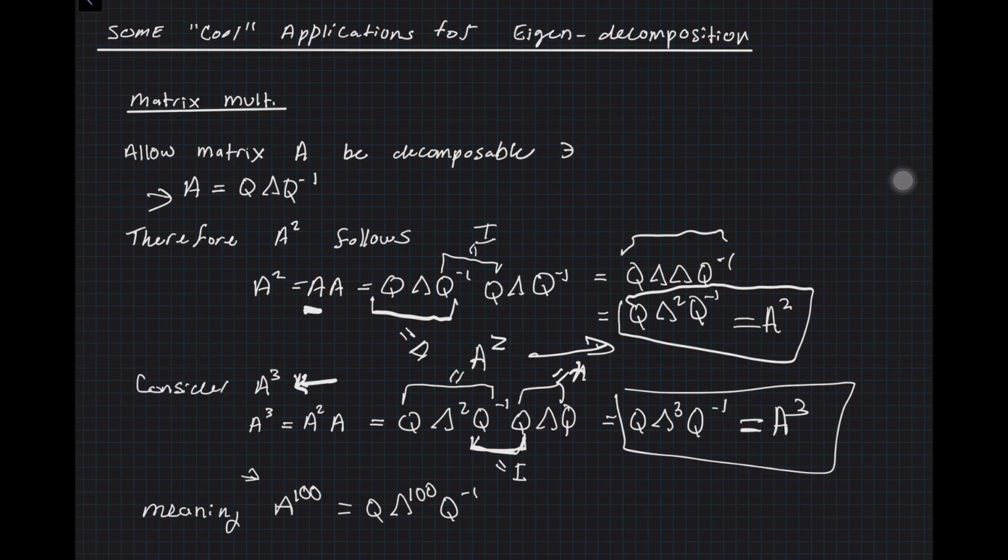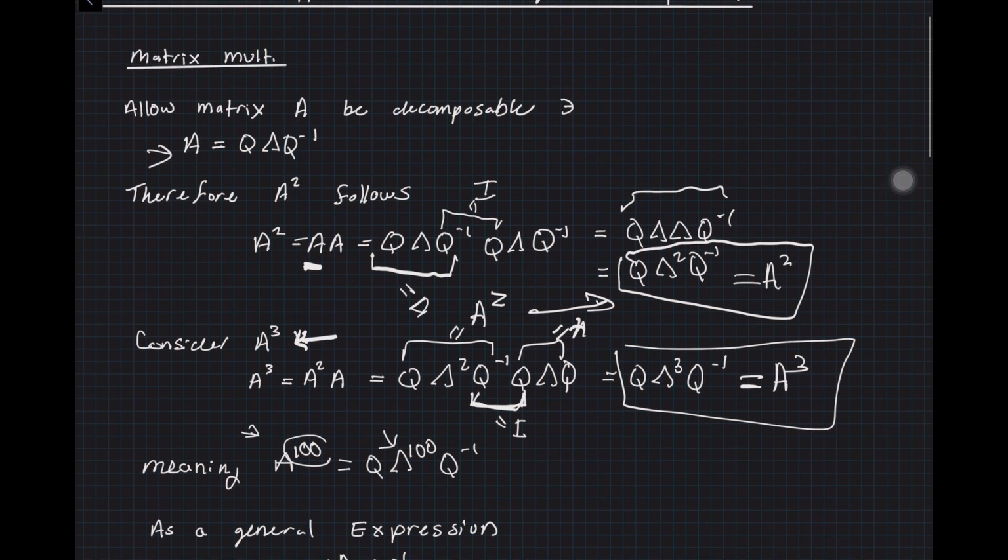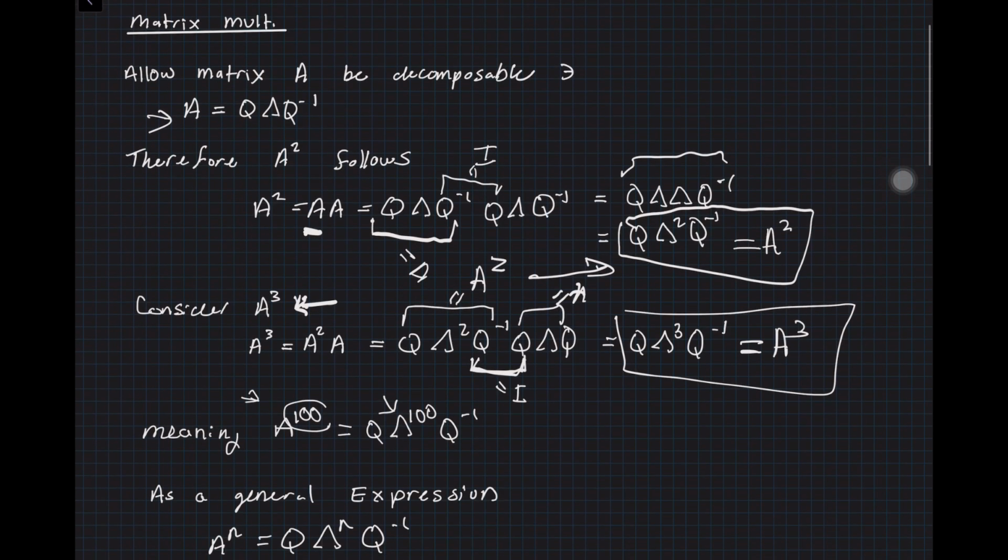And then you can do matrix multiplication to powers as big as possible. The only thing you have to consider is whatever power you have up here, you apply it to your eigenvalue terms. And so we can create a general expression: if your matrix is decomposable using eigen-decomposition, you can do matrix powers using this formula that you have right here.